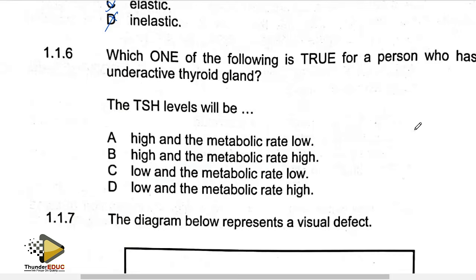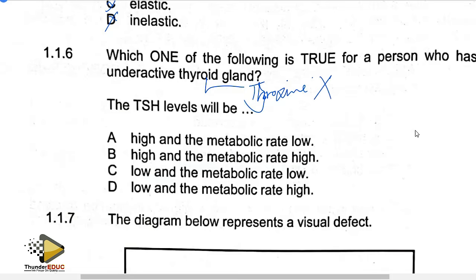If it's inactive, then the thyroid gland cannot produce thyroxine. So you have to know the function of the thyroid gland, which is to produce thyroxine. If it is inactive, it means that there is no thyroxine anymore.